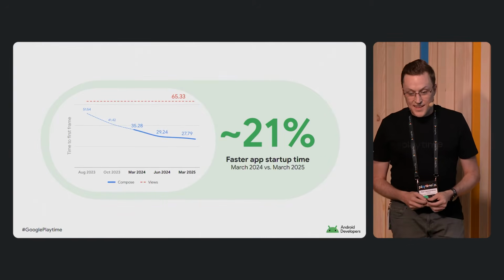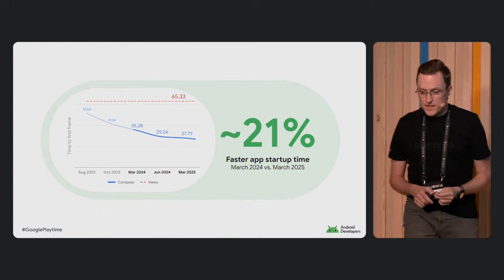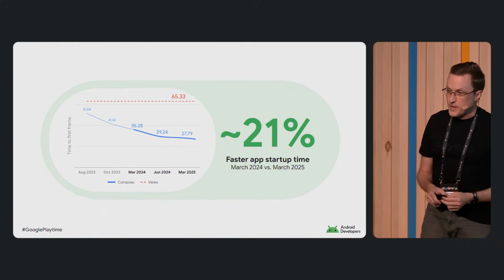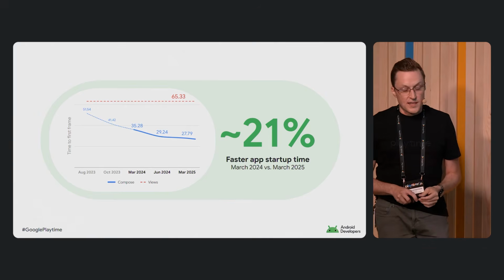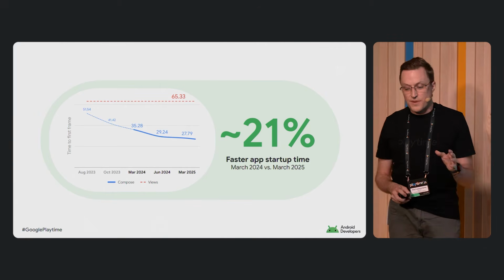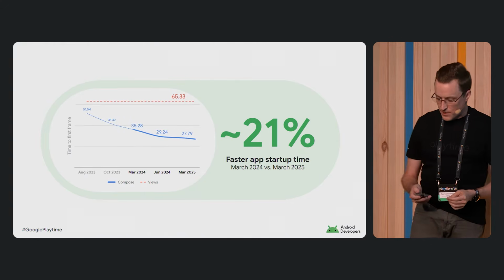And that's the neat thing. It already is. Up there in the red line, that's Views. So Compose has already been outperforming Views for quite some time in the time to first frame. By leveraging R8 and baseline profiles, the time to first frame on Compose is already dramatically faster than inflating XML views.